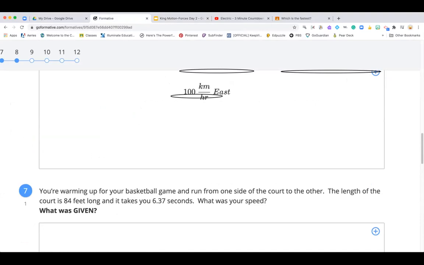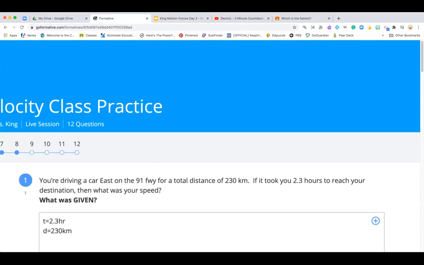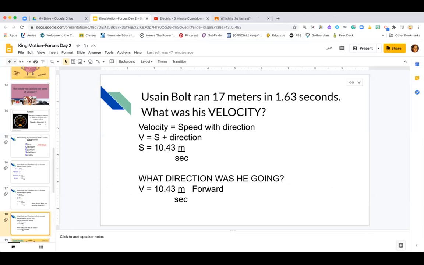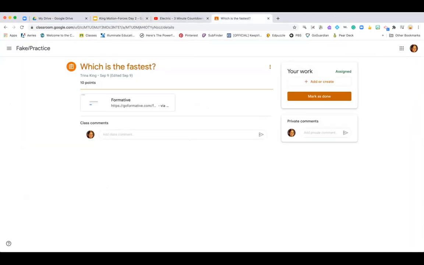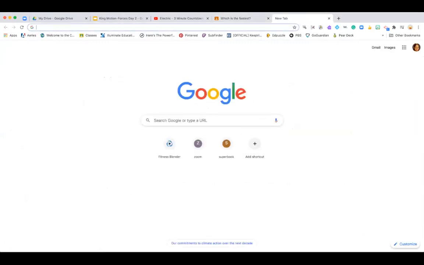Let me erase these drawings. Okay, let me actually, let me start over. So you go to your classroom and you go to the formative, and I don't know why it's not there.